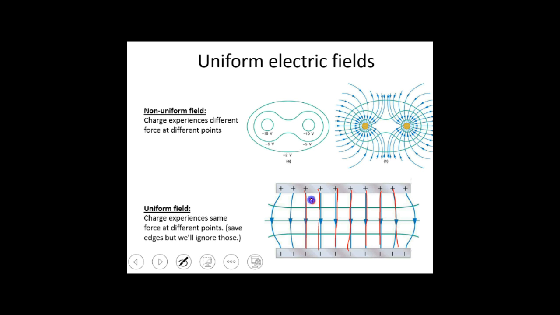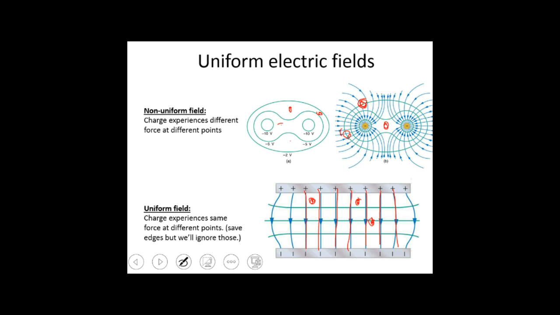The electric field strength here is the same as here, the same as here, and I can tell that by the spacing of the field lines. There are non-uniform fields as well, like here where the spacing is different, and the electric field strength here versus here versus way out here is all very different.